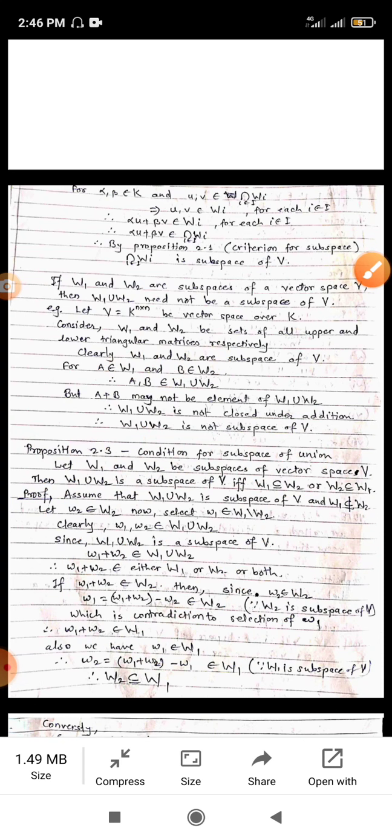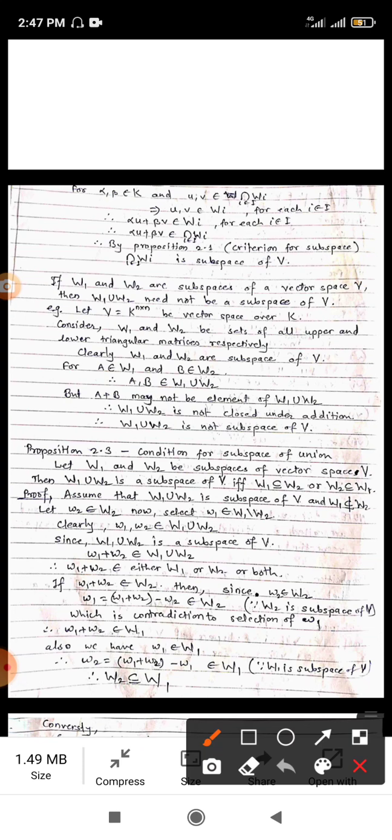So we see that the arbitrary intersection of subspaces is again a subspace of vector space V, whenever the intersection is non-empty, but the union need not be a subspace. So next, the criterion for when the union forms a subspace: we add the extra condition that if either W1 contains W2 or W2 contains W1, then the union forms a subspace.